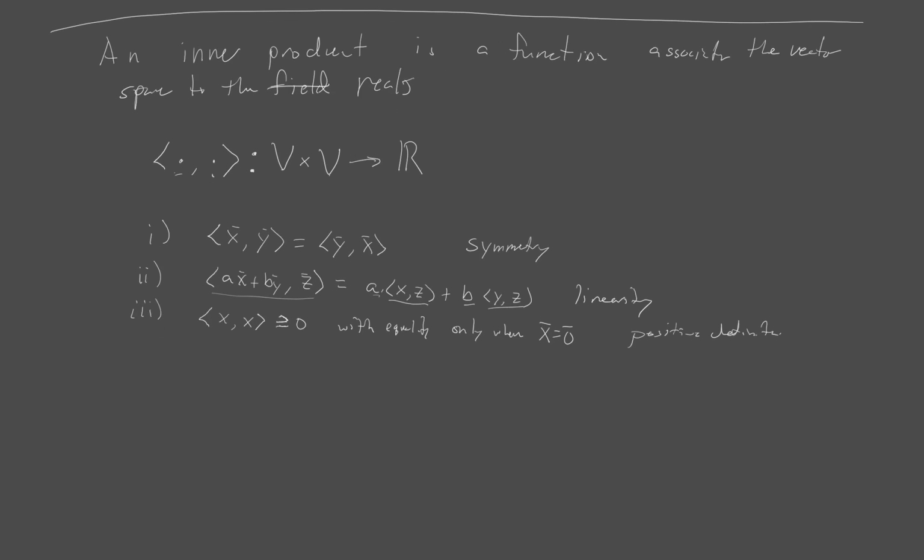The reals have a standard inner product that you've probably used before. It's called the dot product. R^k typically uses the dot product as the inner product.